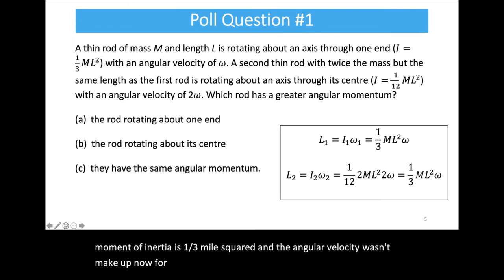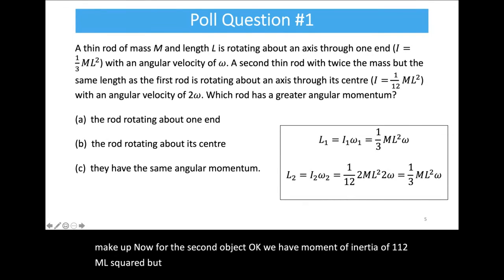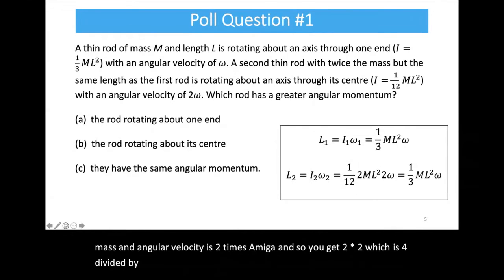Now for the second object, we have a moment of inertia of 1/12 ml squared, but the mass this time is 2m, so I put a 2m in there for the mass, and the angular velocity is 2 times omega. So you get 2 times 2, which is 4, divided by 12, and 4 divided by 12 is just 1/3.